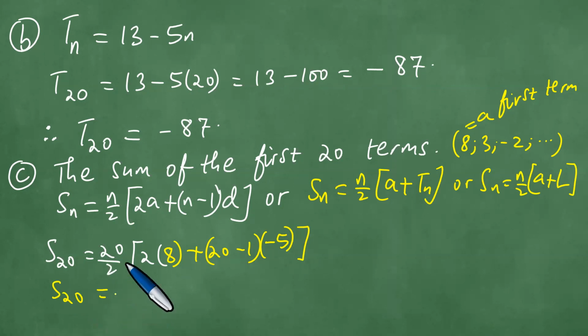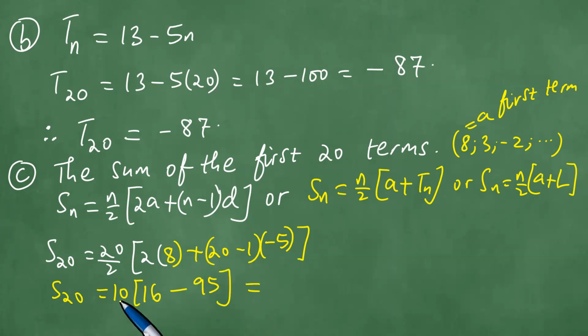Like 20 divided by 2, we know it's 10. We know that 2 by 8 is 16. And then we know that 20 minus 1 is 19, times 5. What is 19 times 5? Because there's a minus, then you have minus 95 here, like this.